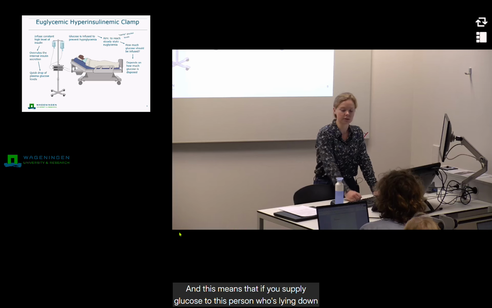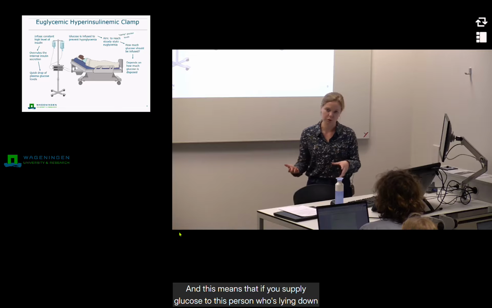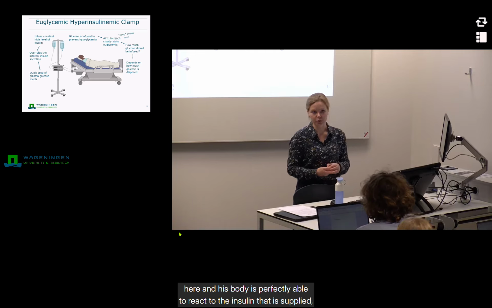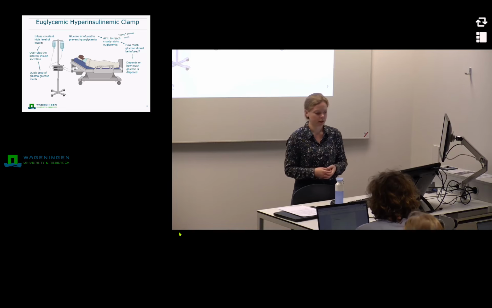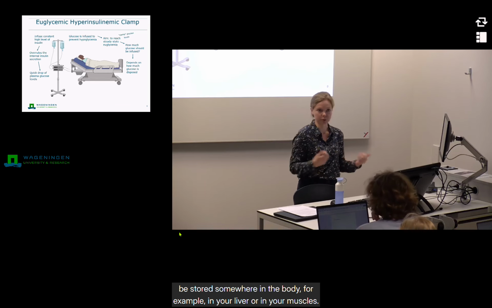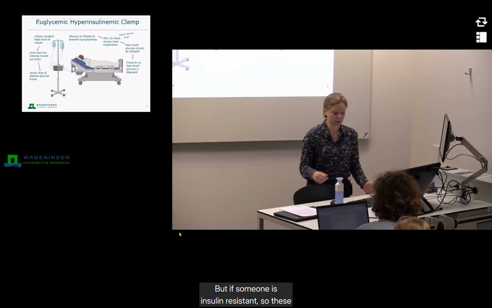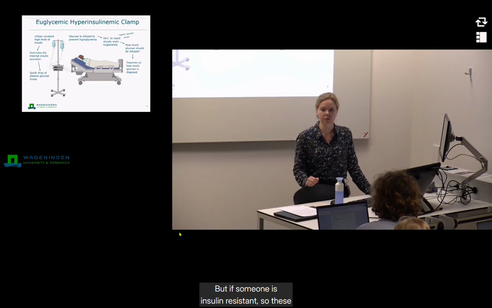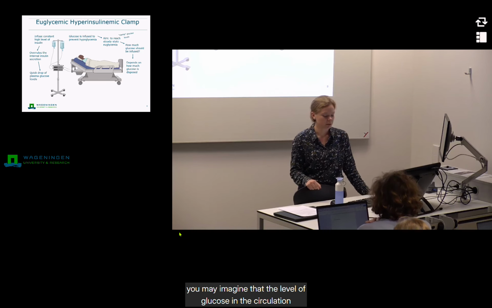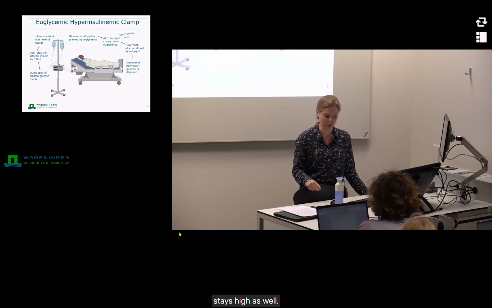And this means that if you supply glucose to this person who is lying down here, and his body is perfectly able to react to the insulin that is supplied, then most of the glucose that we supply will be stored somewhere in the body, for example in your liver or in your muscles. But if someone is insulin resistant, so these cells are not able to store all the glucose, you may imagine that the level of glucose in the circulation stays high as well.